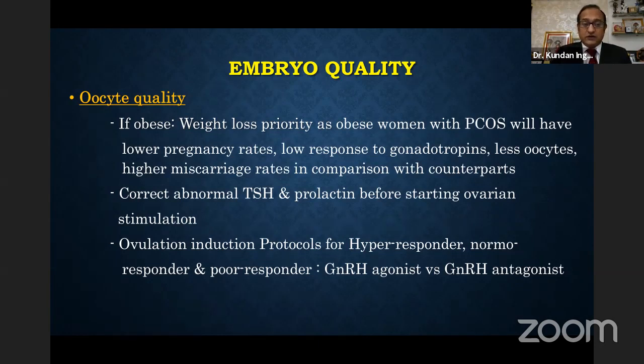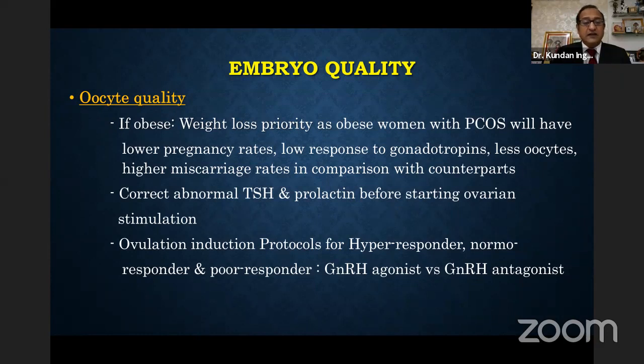Coming to embryo quality, let's discuss the strategies after selection, that is oocyte quality, and how to improve it. Now, we know that in the hyper-responder group, polycystic ovarian syndrome is the most common group we come across. In these PCOS patients, obesity is one factor which really affects oocyte quality, and prior weight loss before commencing ART treatment is the most important strategy to be followed.